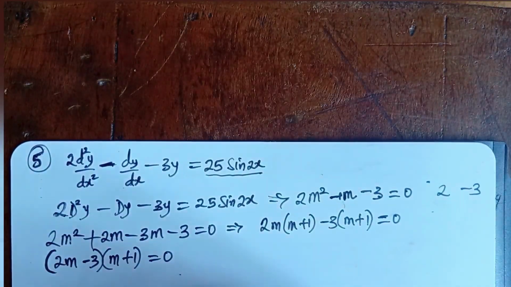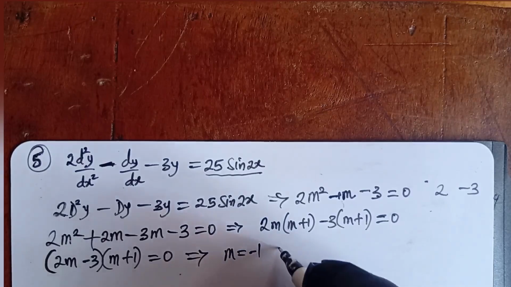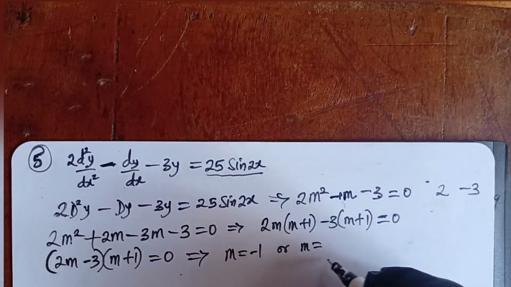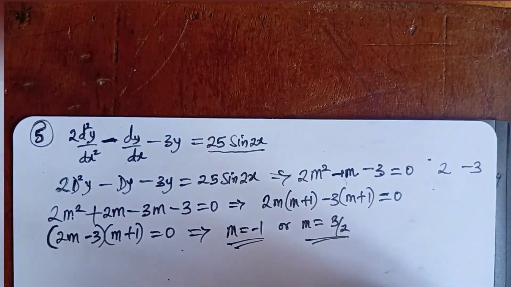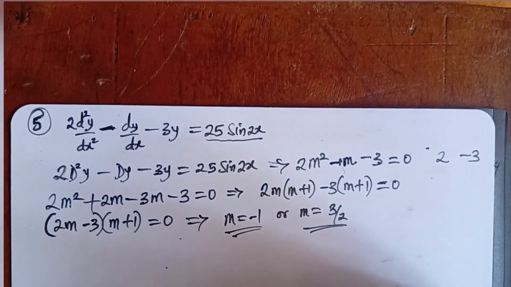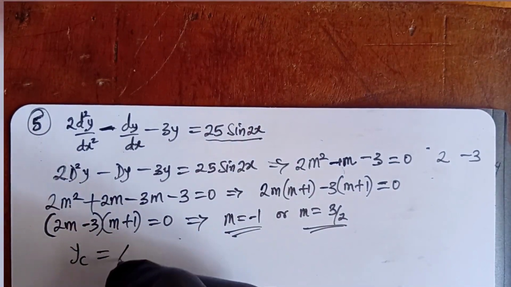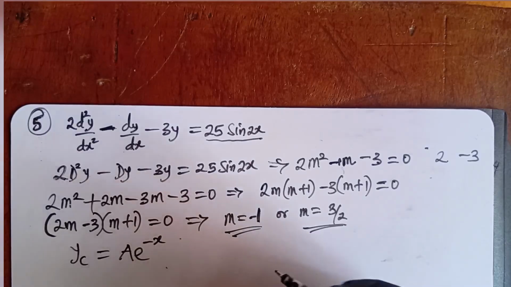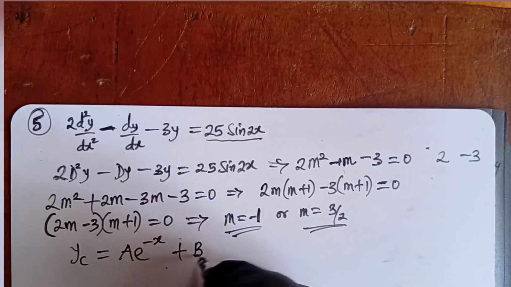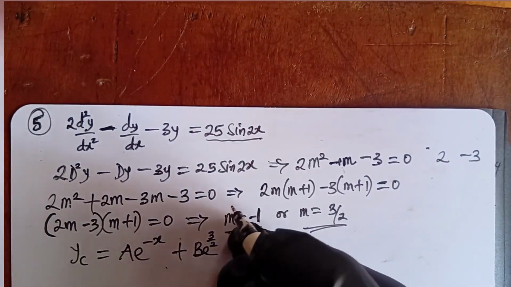This results in m equal to negative 1 or m equal to positive 3 over 2. These are the roots. So the complementary function y c is equal to a e to the negative x, because of this negative 1, plus b e to the positive 3 over 2 x.